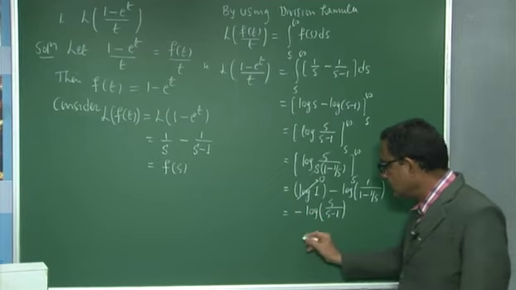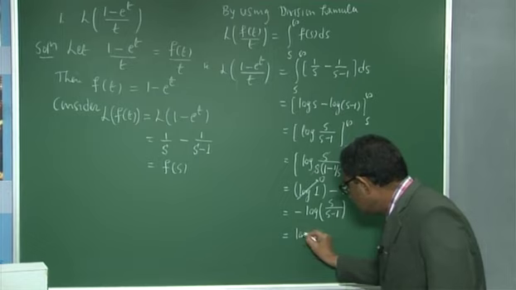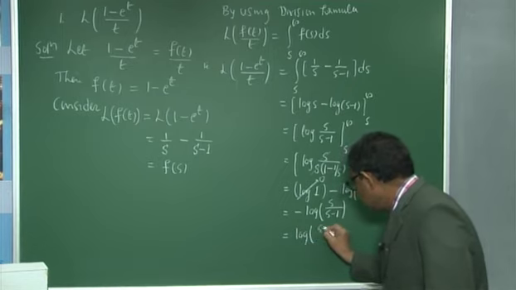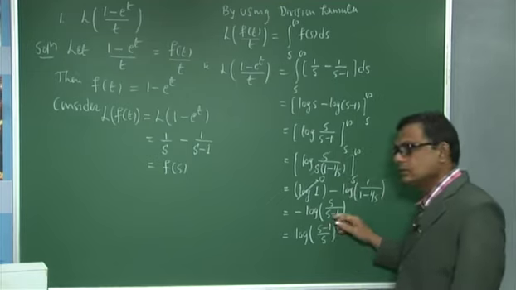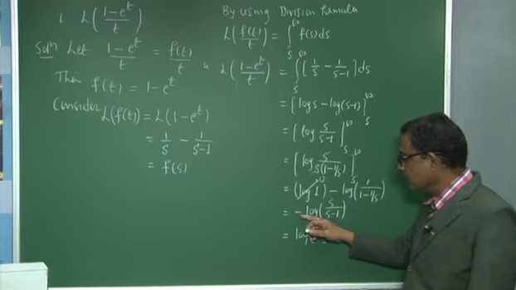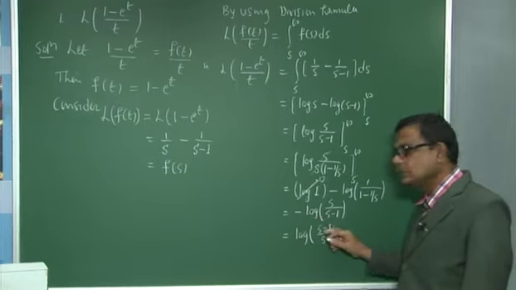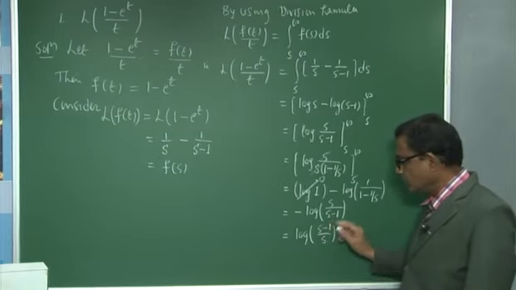If you take it inside the bracket, it is log of s minus 1 by s. You have to interchange the numerator and denominator. Here this minus sign will become plus sign just by interchanging the numerator and denominator.